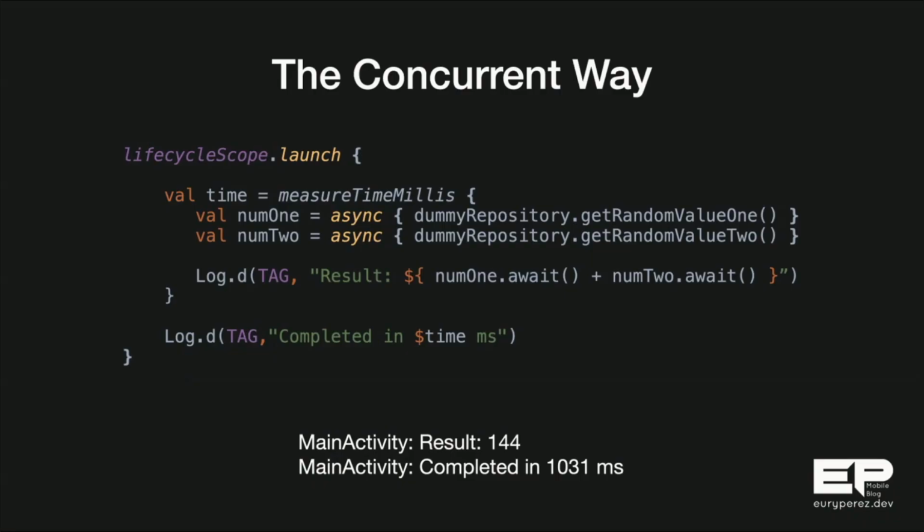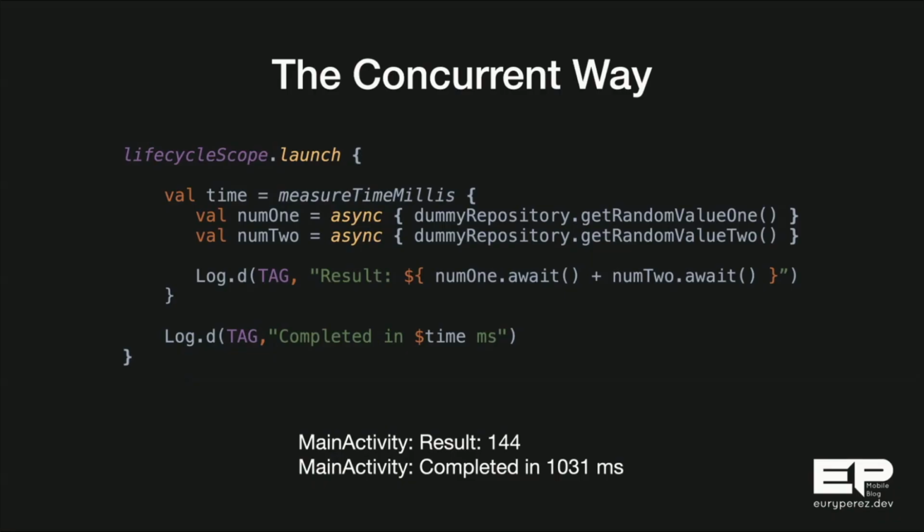Before, we saw how to use the async coroutine builder, and we said that this is useful when we have multiple operations that we want to get values from, and by the end of it, we want to get all the values.